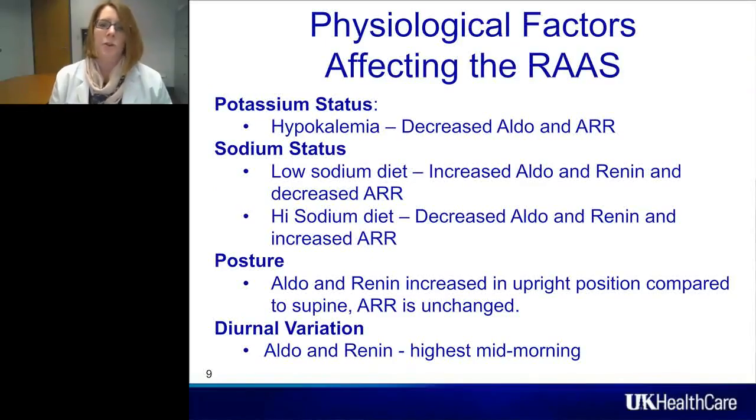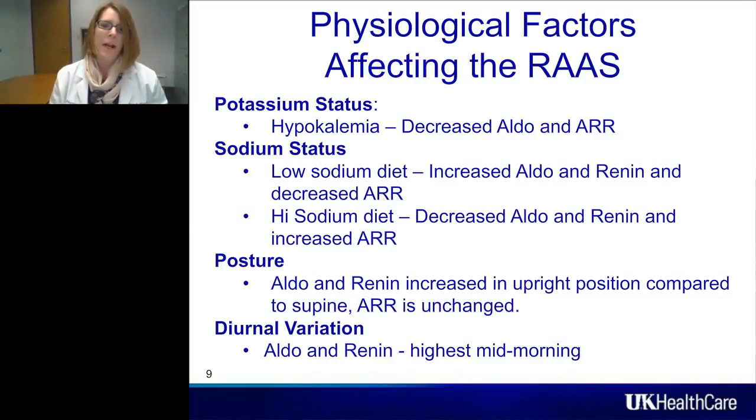So as I mentioned earlier, there are numerous pre-analytical factors that will affect the renin-angiotensin-aldosterone system and thus affect the laboratory testing for aldosterone, renin, and the aldosterone to renin ratio. Potassium status, for example, plays an important role in regulating the RAAS, and in general, hypokalemia will cause downregulation of aldo and a decreased aldosterone to renin ratio.